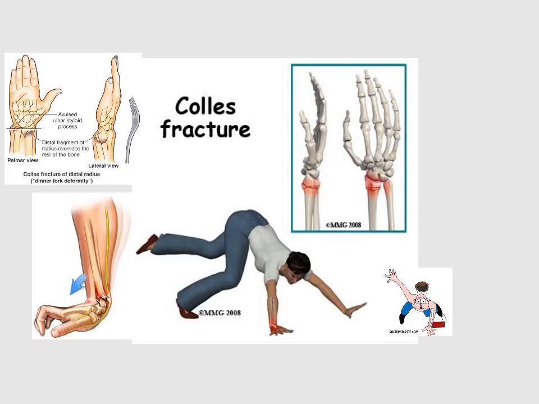Colles fracture is usually caused by falling down on an outstretched hand with extreme dorsiflexion of the hand, and this dorsiflexion is a result of trying to ease a fall.